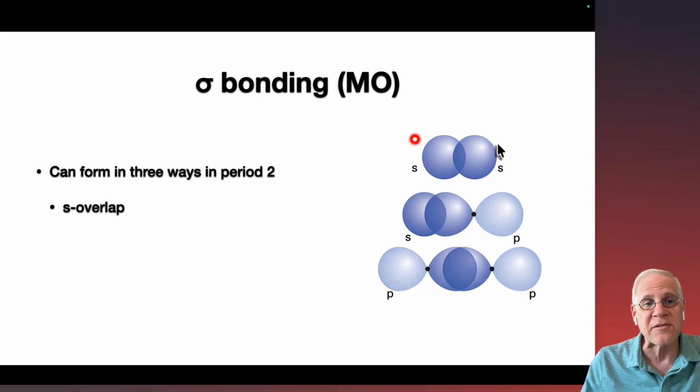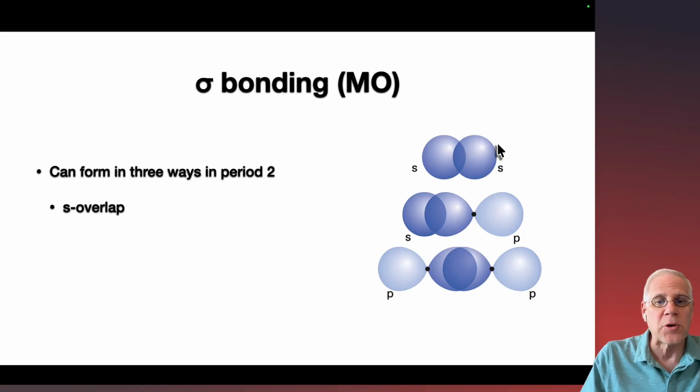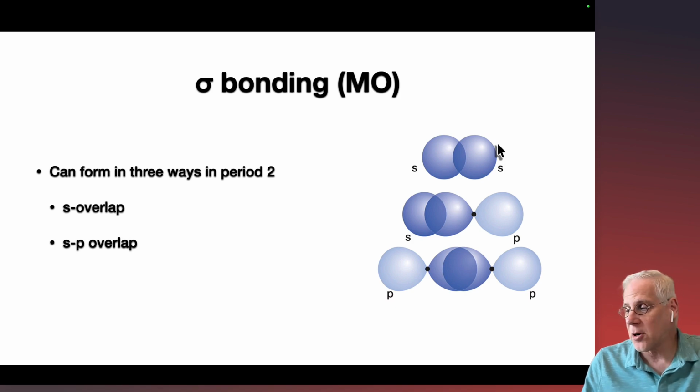So here we can get a sigma bond between two s orbitals. You can see they have a single point of overlap. You can have a sigma bond form between an s orbital of one atom and the p orbital of another atom. And so you can see they still have one point of overlap, and the s orbital here is overlapping with just one of the lobes on the p orbital.